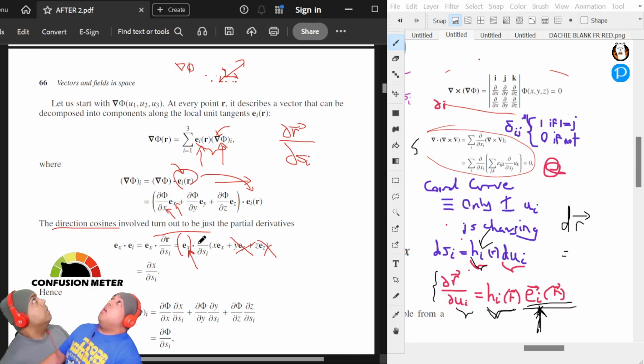And with the dot product the result isn't a vector anymore, it's just a number. So this is actually just 1 multiplied by del x del xi.